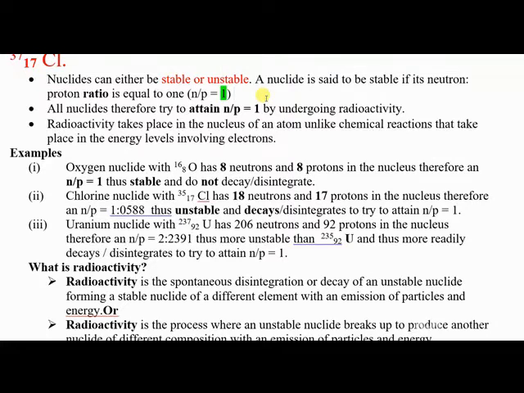Very important to note. From there, you can be asked to state the factors that make a nuclide stable. It tries to attain the stability of 1 by undergoing radioactivity. Radioactivity takes place in the nucleus of an atom, unlike chemical reactions that take place in the energy levels involving electrons.